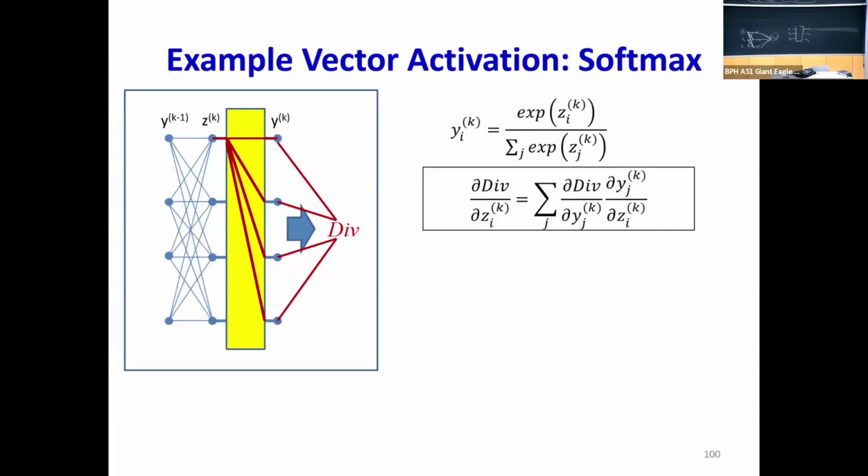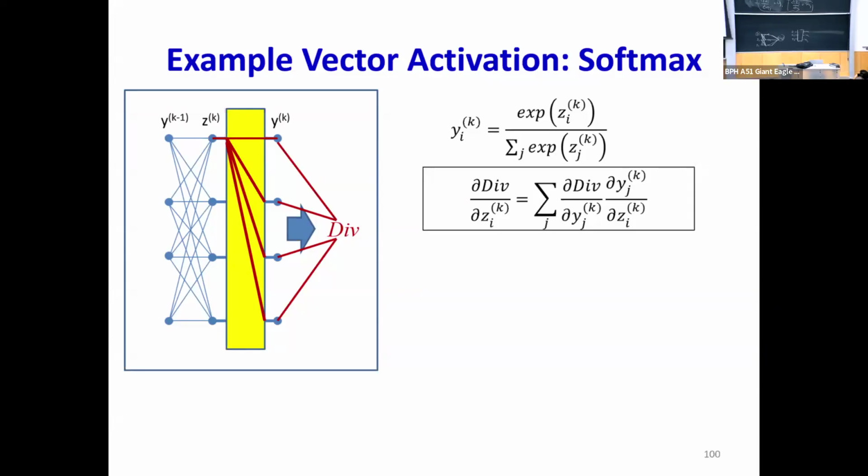We discussed this in the last class. Does increasing z1 increase y1? So what is the sign of the derivative? It's going to be positive, right? What is the sign of the derivative of y3 with respect to z1? It's going to be negative because increasing z1 will decrease y3, right?